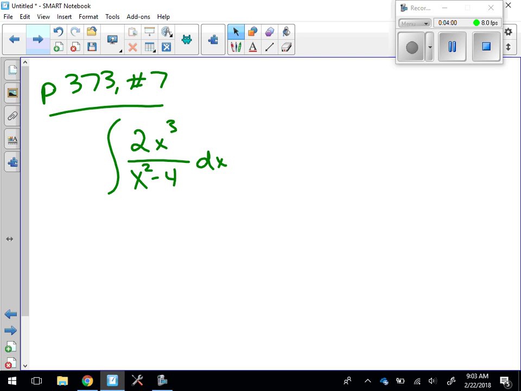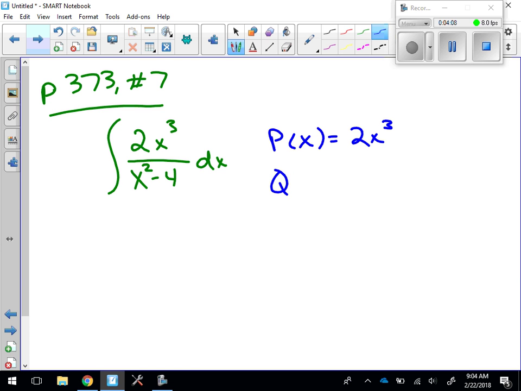So the problem is, though, as Zoe pointed out, that my p of x, which is 2x cubed, has a higher order than my q of x, which is x squared minus 4. So I don't meet the criteria for that either.